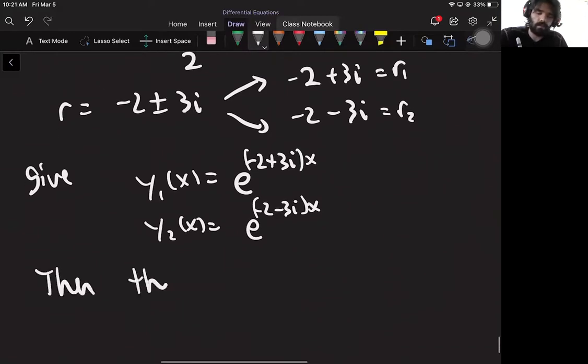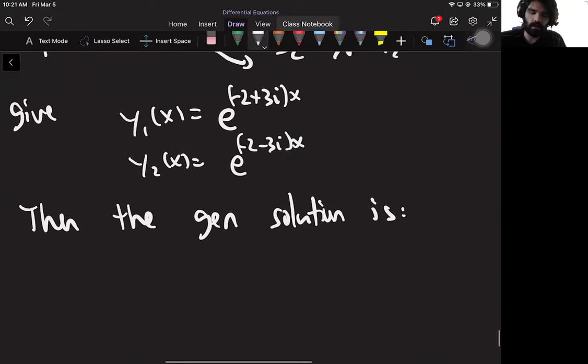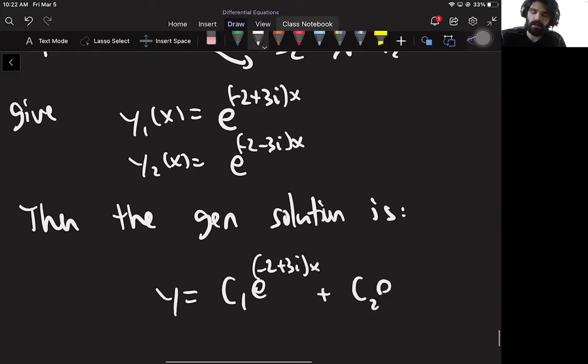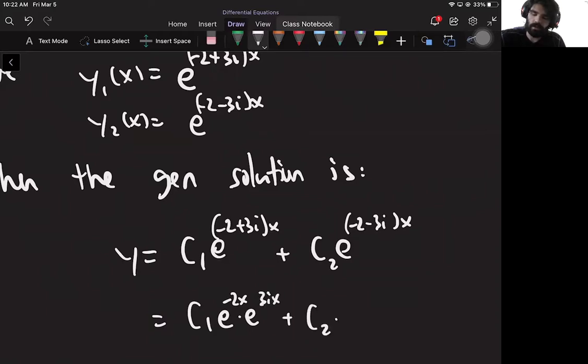So then the general solution for this situation, it looks complicated at first, but it's going to simplify quite a lot. So C1 e to the negative 2 plus 3i x plus C2 e to the negative 2 minus 3i x. So you might notice that if I distribute the x through and I write it with the bases separate, then I can do some simplification here.